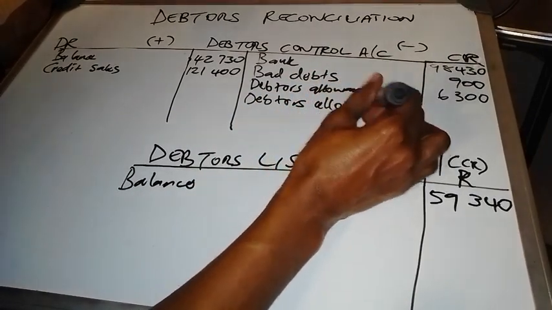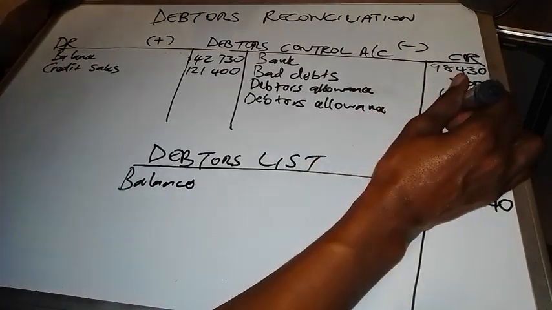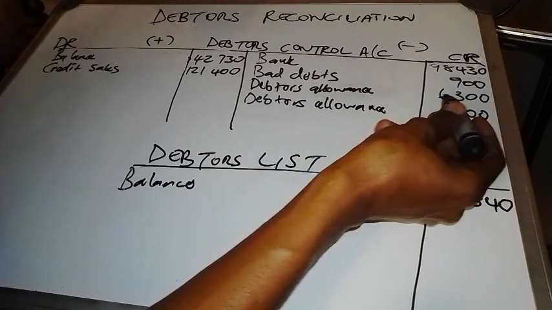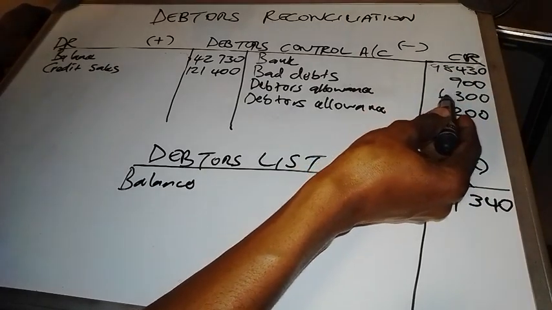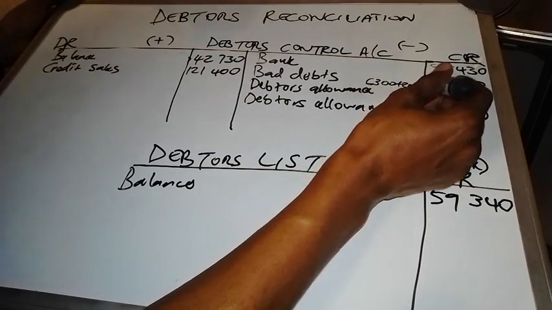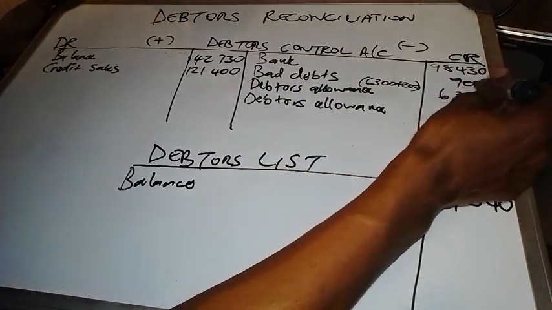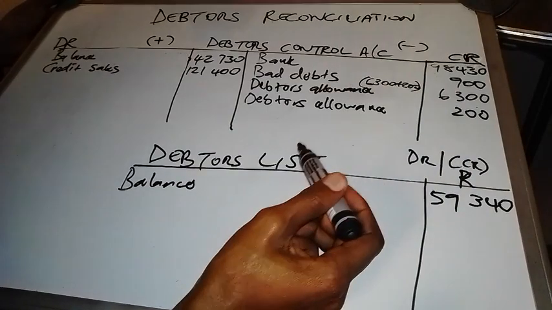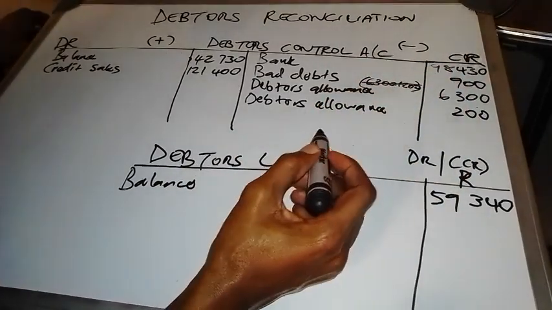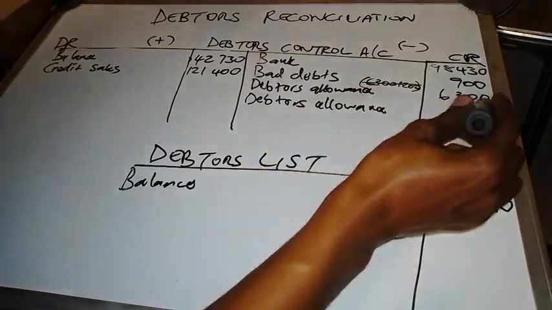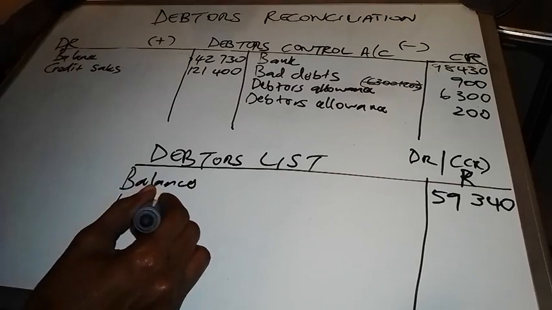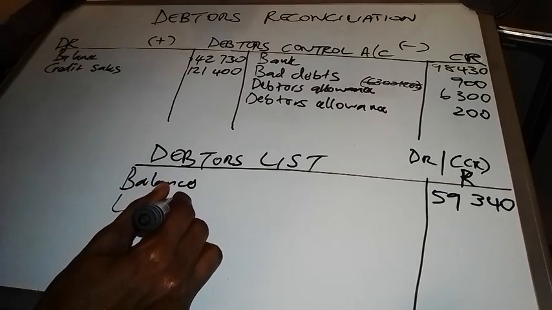So if you want, you can add it to that 6,300, like this. You say plus 200, right? And then here you will have 6,500, right? But in this case, I just want to write them separately. Now, that's your debtor's allowance. And then you go to the debtor's ledger. It's L Brink, right?